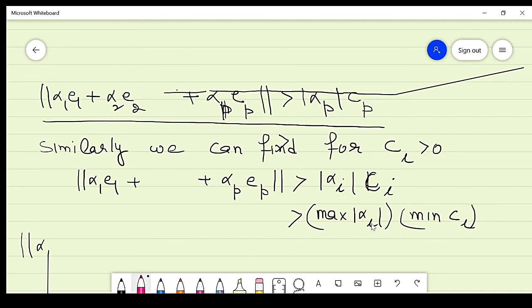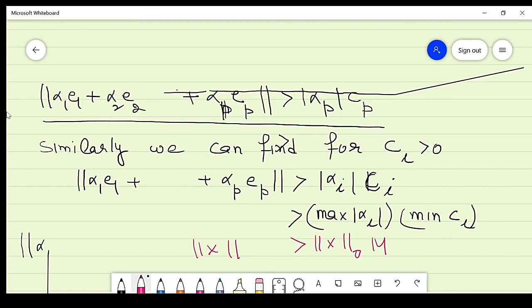So this is greater than norm x 0, right? So this can be written as minimum of Ci. So this is written as norm of M. So what is this? This is the norm of x. So this is greater than M into norm of x 0, which proves the second part.